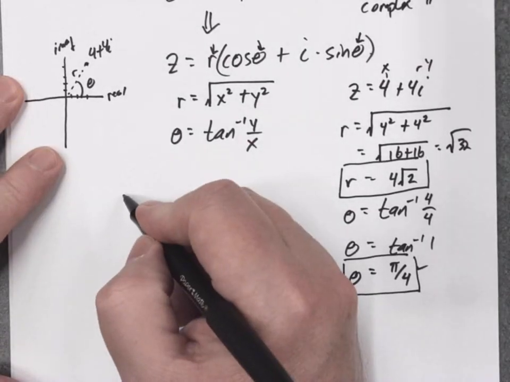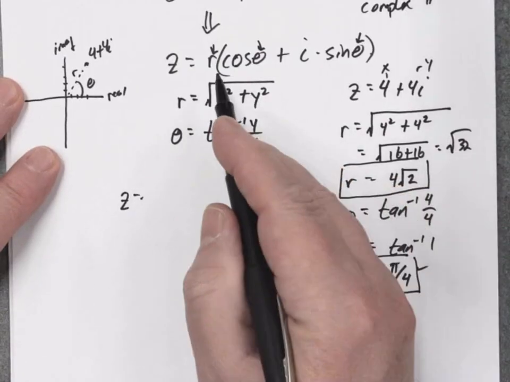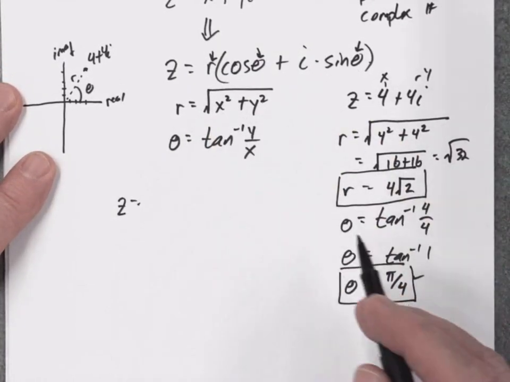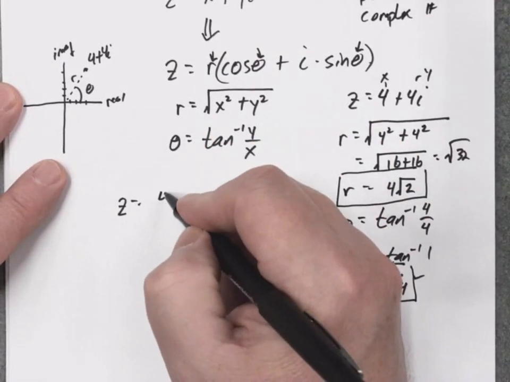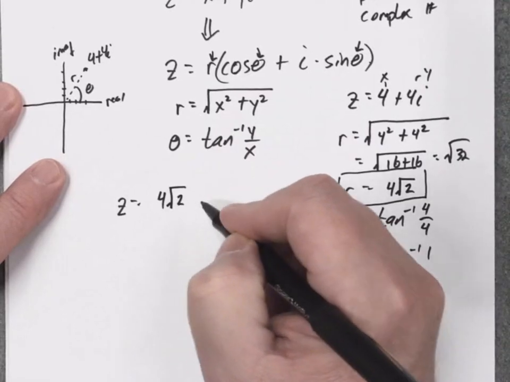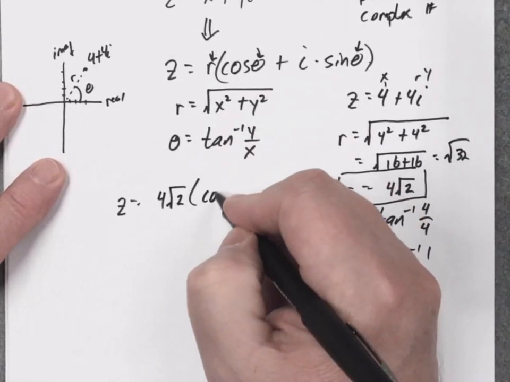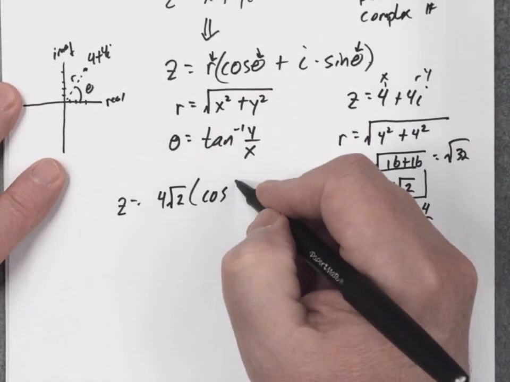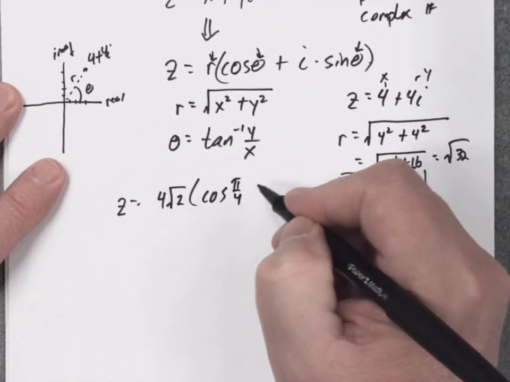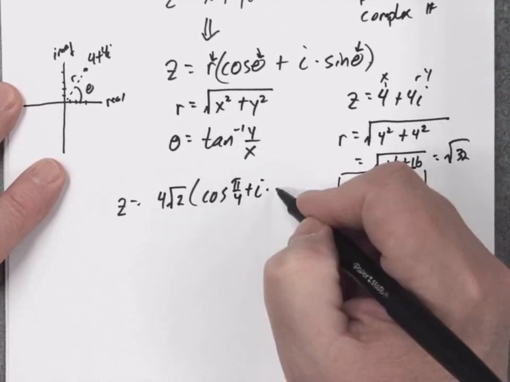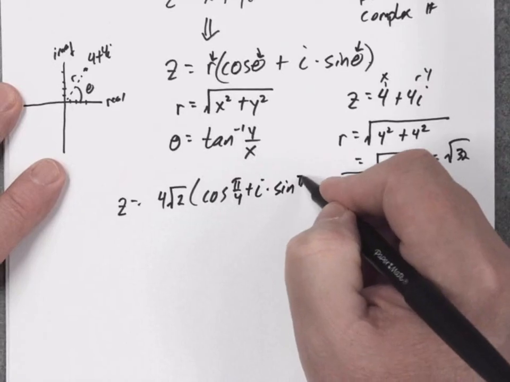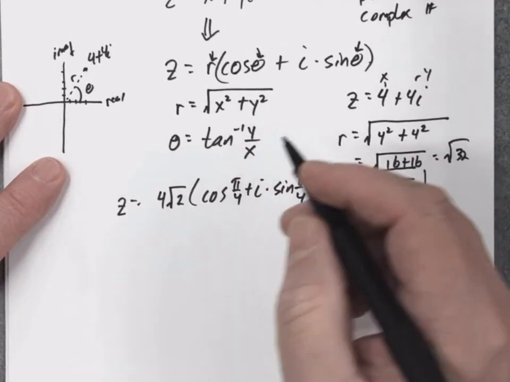So I can now say in trigonometric form, I'm going to plug into this formula, r is 4 square root of 2 times cosine of pi over 4 plus i times the sine of pi over 4.